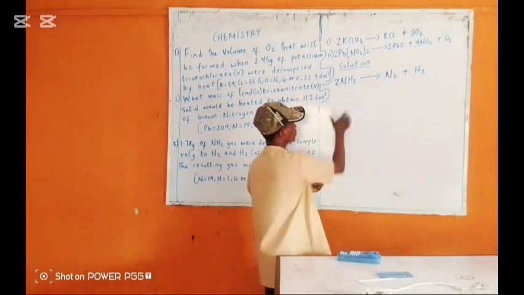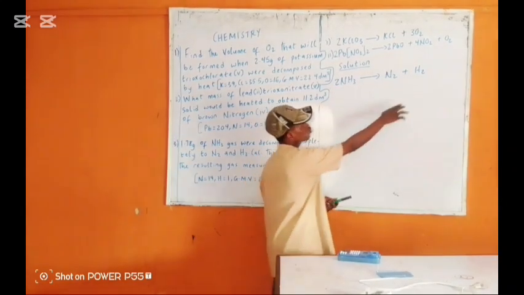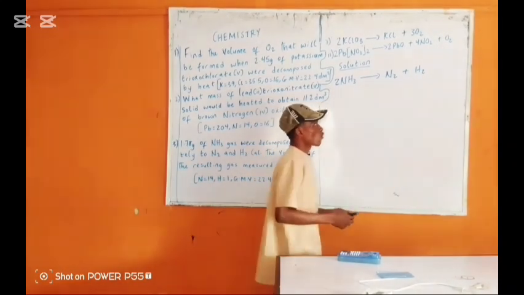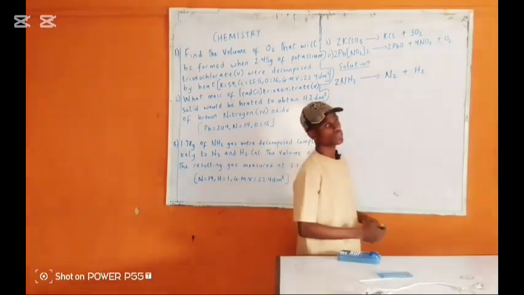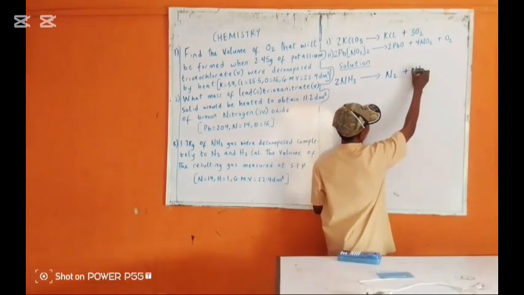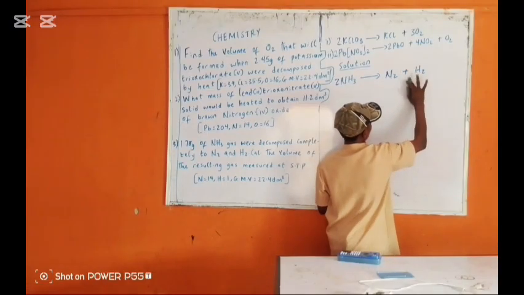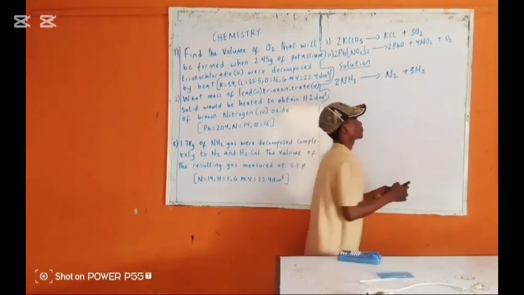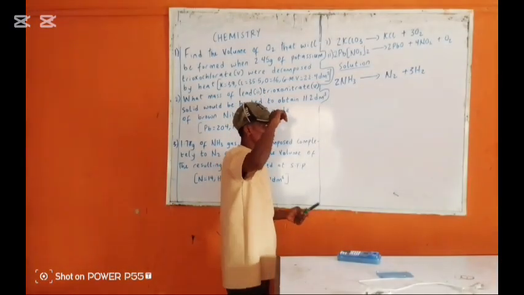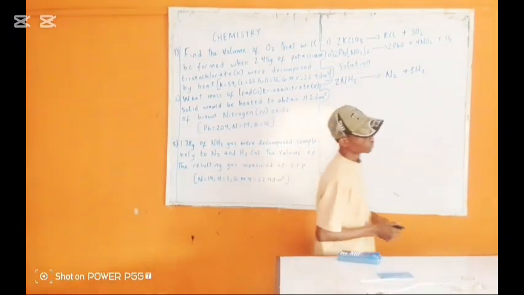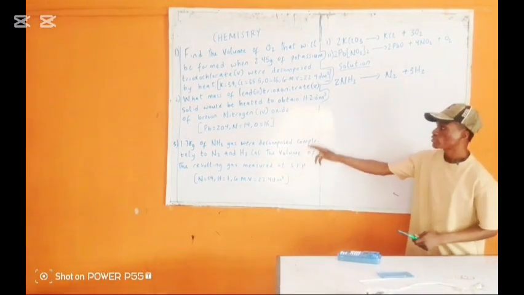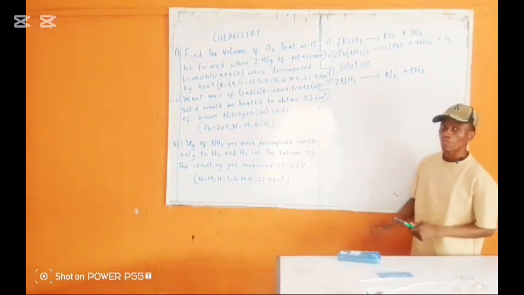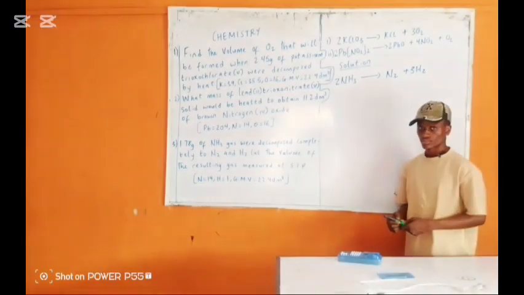Now we have 6 hydrogen here and 2 hydrogen here. So what we'll put here to make this one become 6 is 3. So we have 3 here. Now, what are we relating in the question? Let's find out. 1.78 gram of ammonia gas.